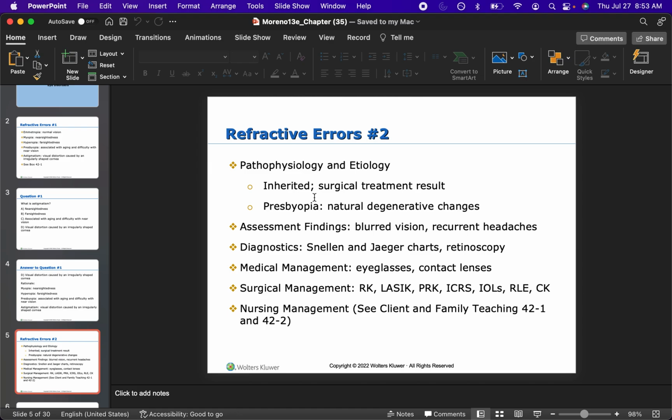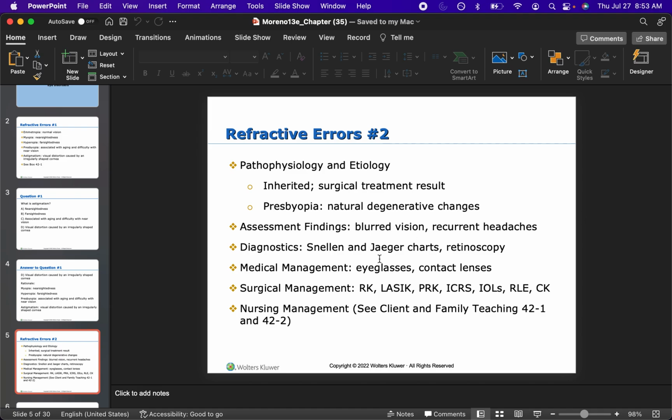Usually assessment findings are going to be any change to their vision, so blurred vision, recurrent headaches. I remember when I was getting diagnosed with my astigmatism, I had really bad headaches and trouble focusing. Even now, definitely without contacts or glasses, it's pretty blurry, but I'll get insane headaches right away because my eye is continuously trying to focus.